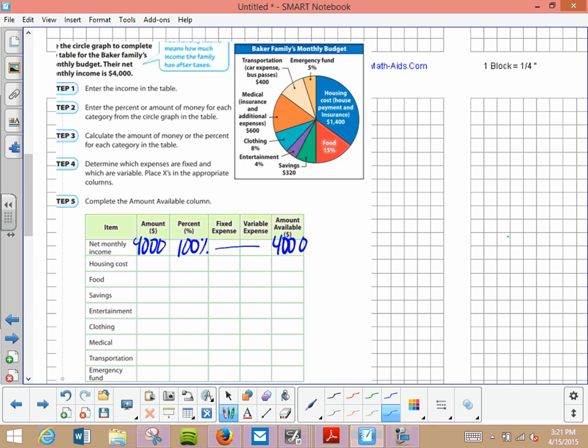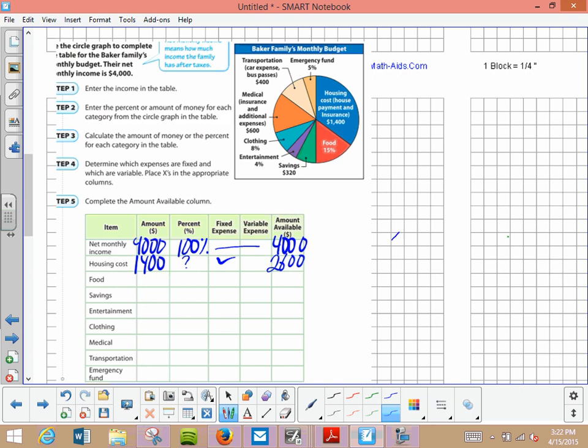What is the housing cost? Yep, 1,400. Do we know the percentage of that? No. What kind of expense is it, fixed or variable? Fixed. And when you subtract 1,400 from 4,000, what do you get? No, 2,600. Come on, people. So here's what you do to figure out the percent. What do you do?